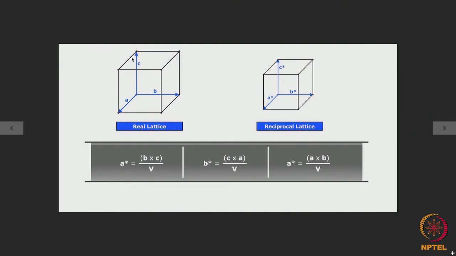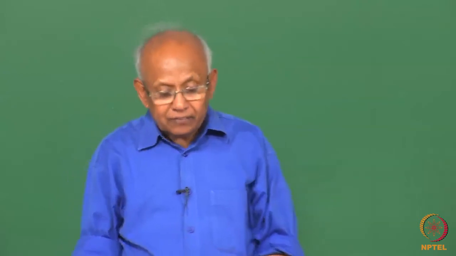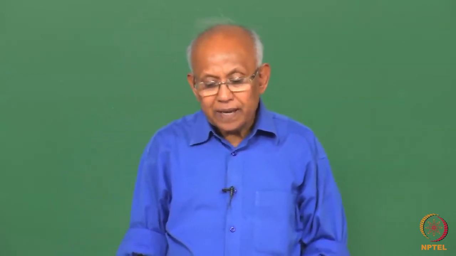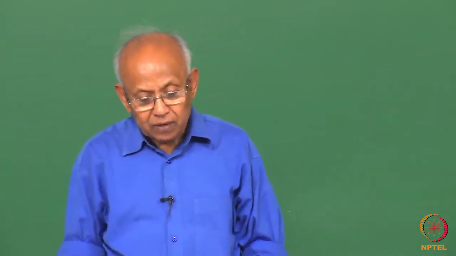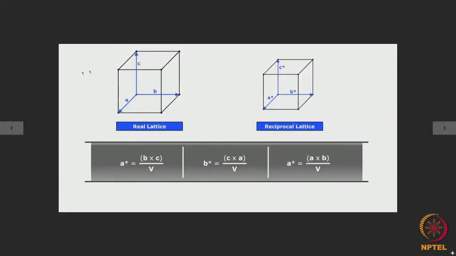Suppose in an imaginary reciprocal space, we have got another unit cell which is defined by the vectors A star, B star and C star along the x, y and z direction.